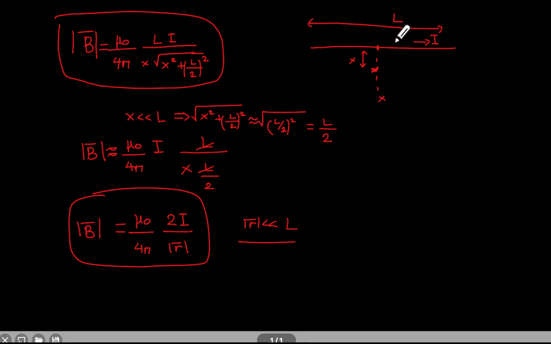Do you really have an infinitely long wire? Of course not. There is no such thing. What that statement means is that your observation location, where you want to find the magnetic field, is so close to the wire itself that this assumption is practically true. It is a valid assumption, and then you can go ahead and use this one, which is a much simpler expression than that.